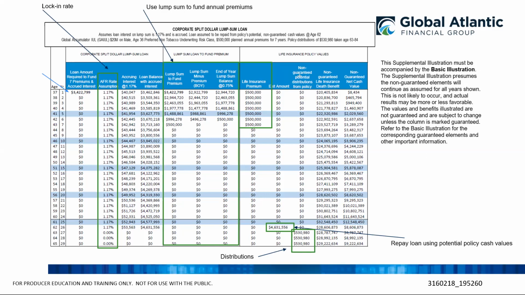The reason being is that in this transaction, both the executive and the business agree to accrue the interest as opposed to imputing it each year and paying that interest annually. So pretty good deal. We've got $3.4 million of a loan. We've locked it in as a lump sum. So we've locked in our AFR rates. We've got our premium covered for the next 7 years.